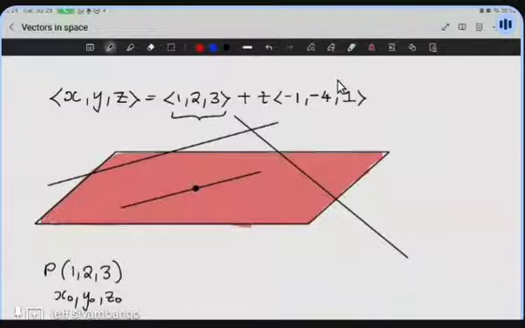Now, what does it mean? Or how are they then going to be useful? Well, it then follows that if we can find a vector that is perpendicular to one of these lines... No, let me not phrase it like that.